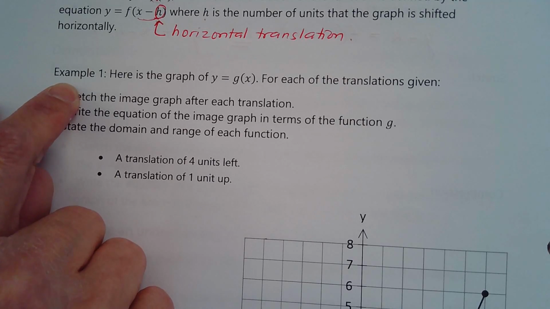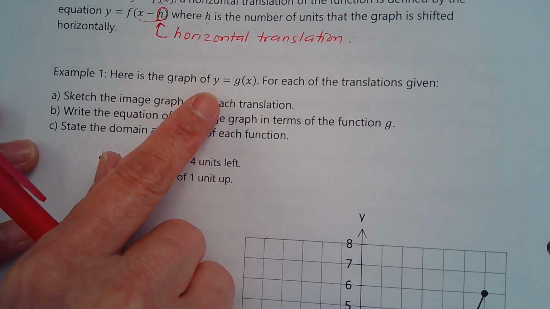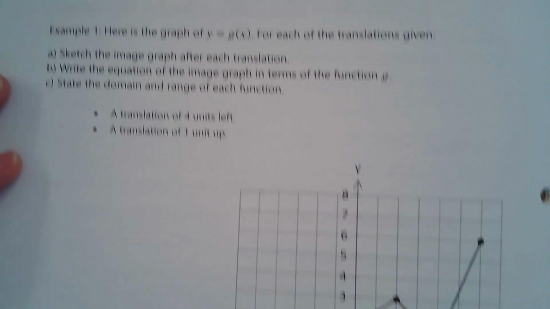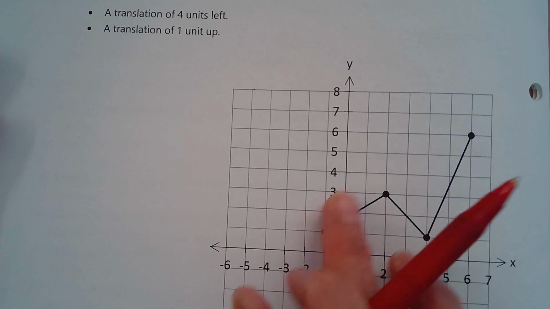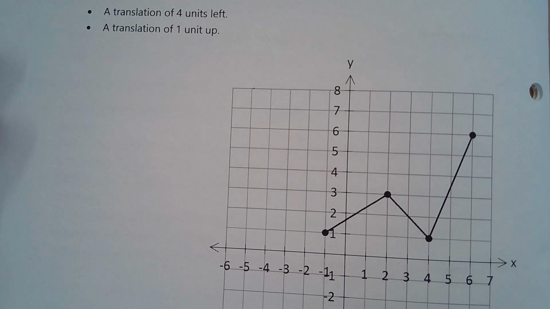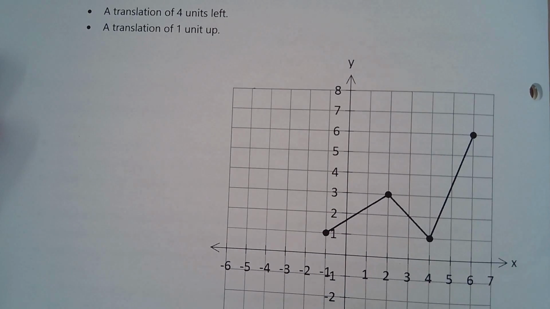Example 1. Here's a graph of y equals g of x. Now you're probably thinking, oh, what graph is that? They're giving us a very different graph, a general graph, right?